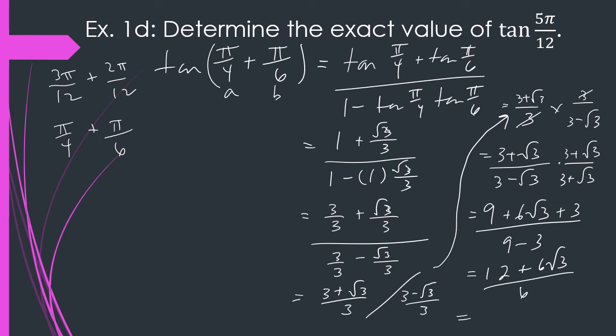And we have one more thing we can do. We can get rid of that 6 on the bottom by dividing every term on top by 6. So that would give us 2 plus root 3, final answer. Whew. Definitely with the tans, there's going to be a lot of simplifying and a lot of radical work you're going to have to work around, or at least get comfortable with.